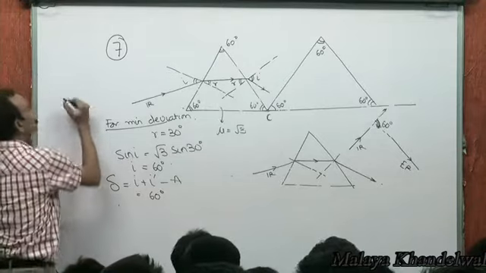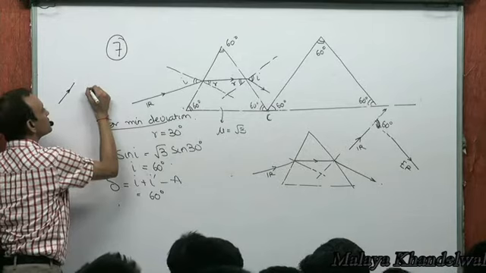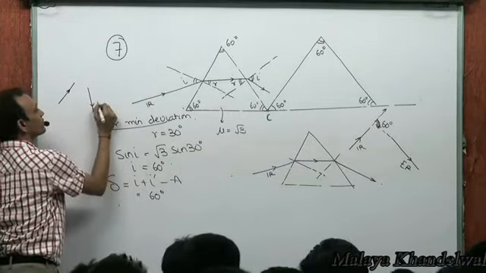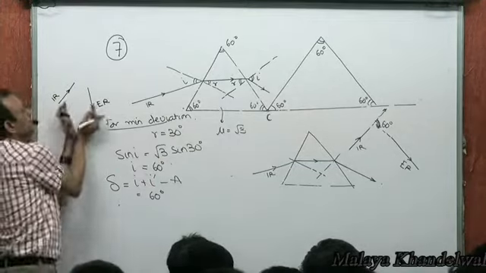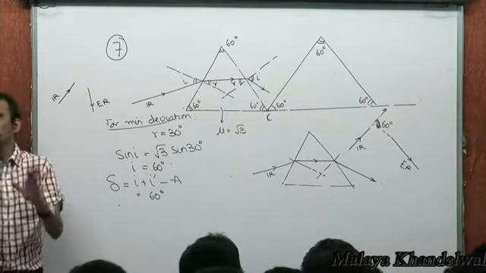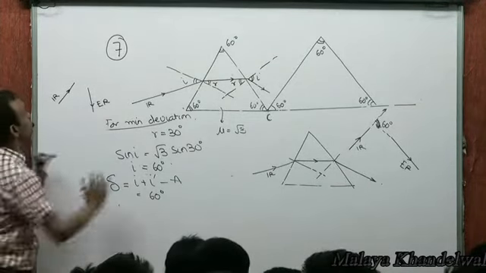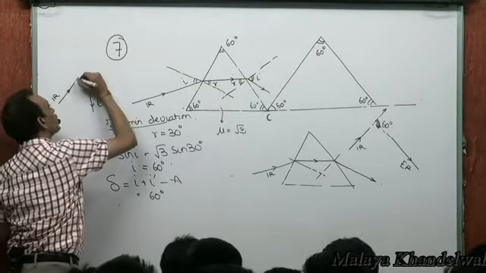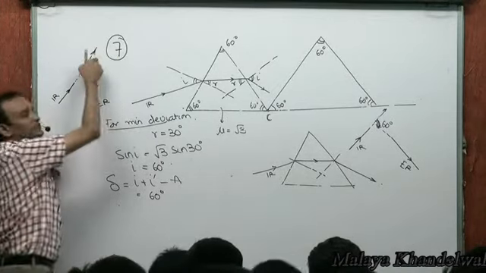See, if this is an incident ray and if this is an emergent ray, and in between the two there is the prism which has caused two refractions. What did the prism do in effect? If the prism was not there, the ray would have traveled like this.